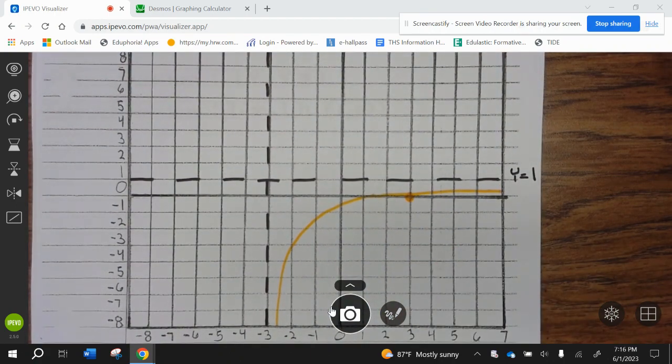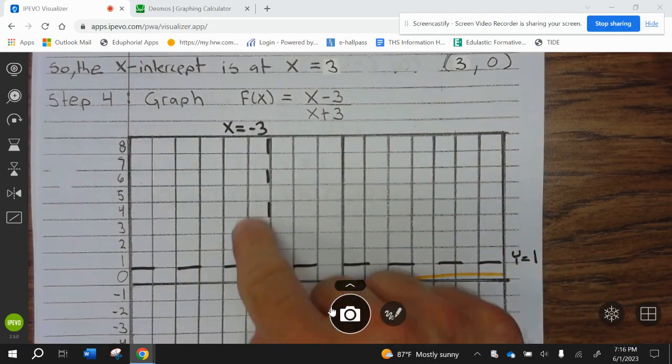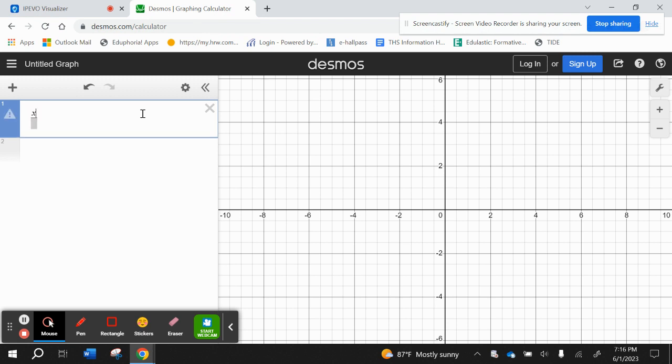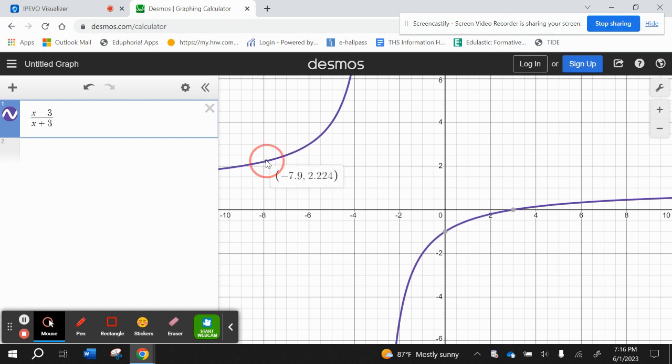Now, all we need to do is graph this in Desmos to find a point to find our curve. So, x minus 3 divided by x plus 3. Coming over here, negative 5, 4, okay?